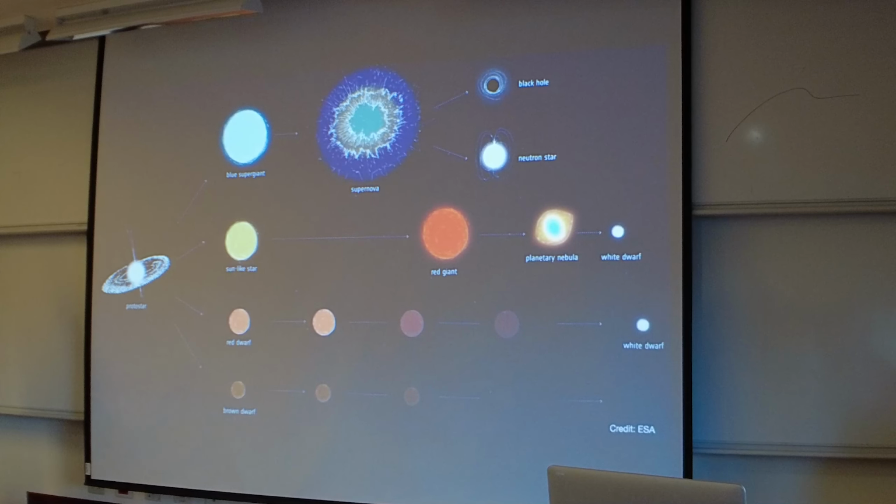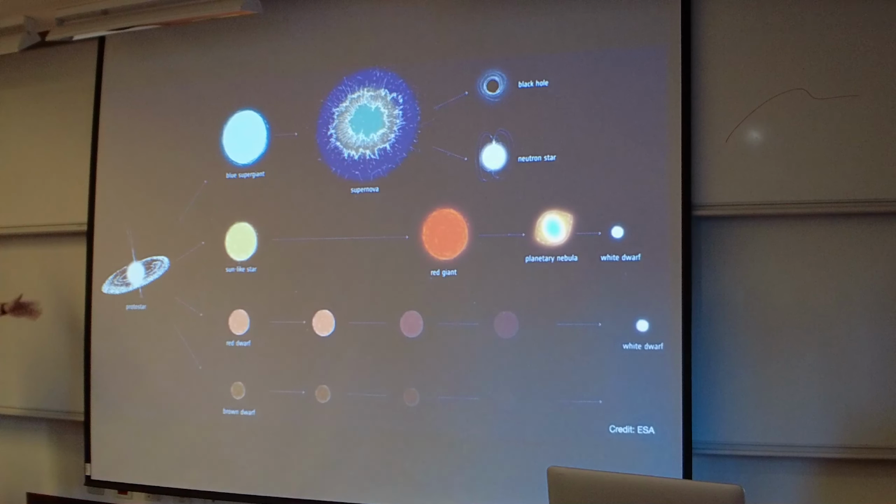If the star acquires more mass, like the sun, for example, you will go through different phases: a red giant, eventually become a planetary nebula, and a white dwarf. And if you're a very massive star, you might end up as a supernova and become one of these very interesting objects like black holes or neutron stars. Okay, so it's really mass that sets the path of the stars.